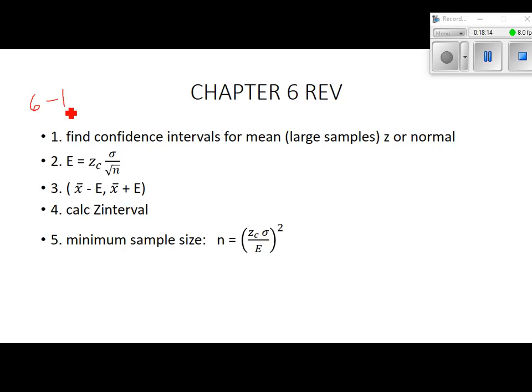Section 6.1 dealt with mean for large samples, confidence intervals of the mean for a large sample. I tried to make it sort of short, so I didn't put everything up here, but tried to make it the stuff that's probably the most meaningful from each section.